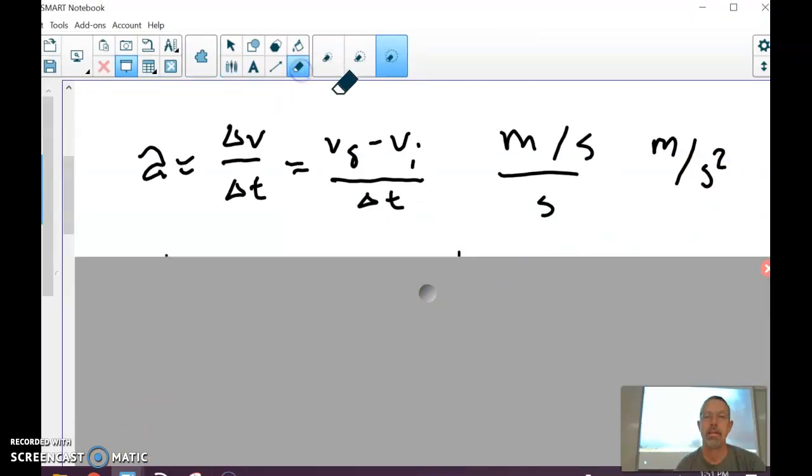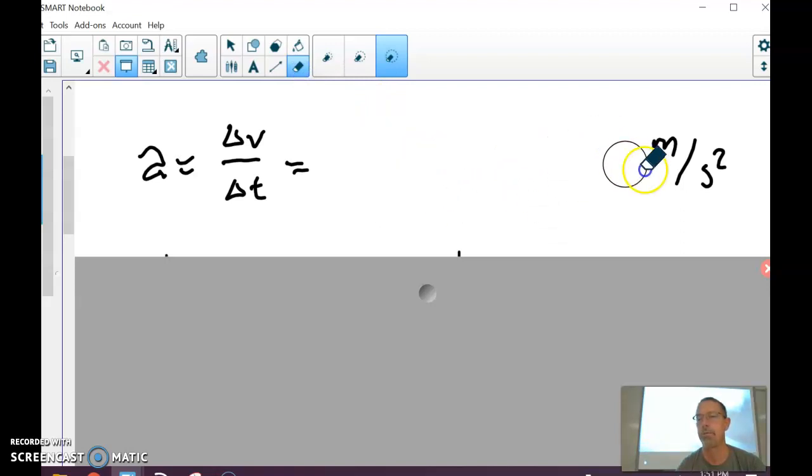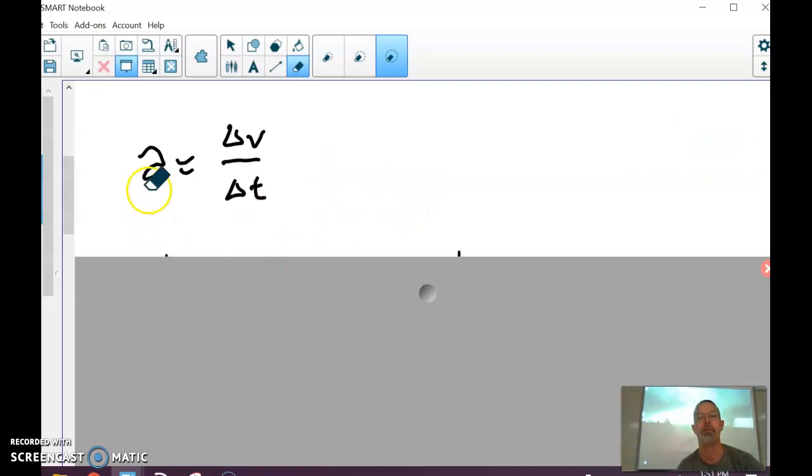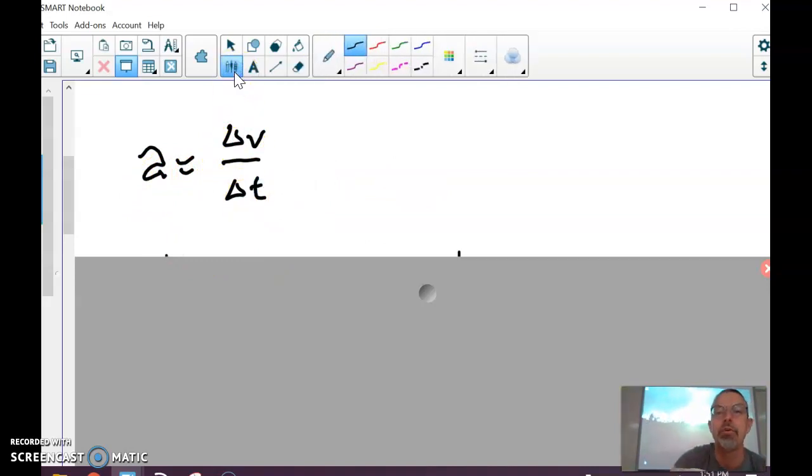So what I'm going to do is show you that through a little bit of algebraic dexterity, we actually get 3 equations for the price of 1. If acceleration equals my change in velocity divided by time, that means I can multiply through by t, and I can say that delta v, my change in velocity, is simply acceleration times time.